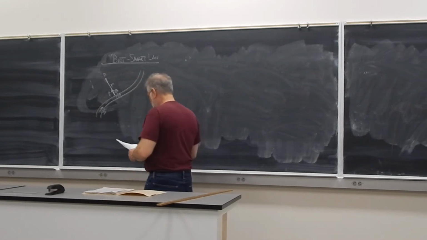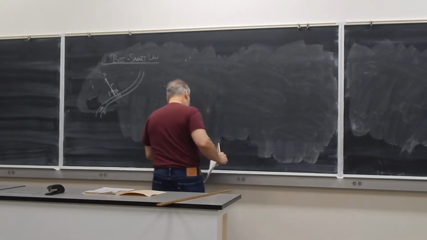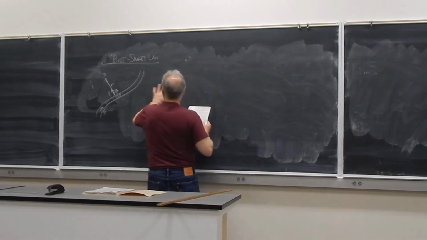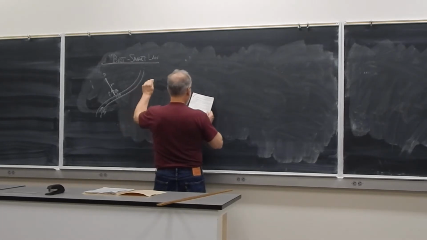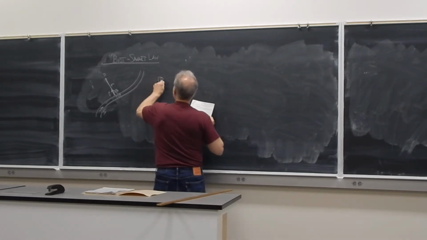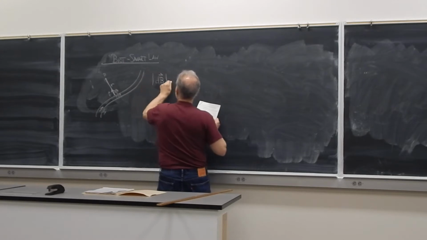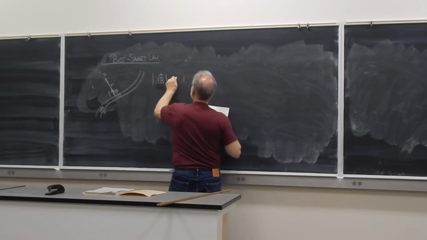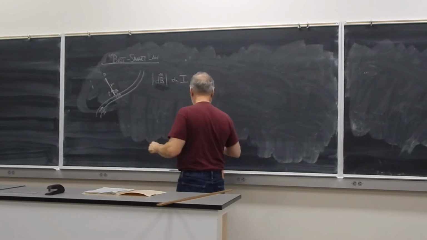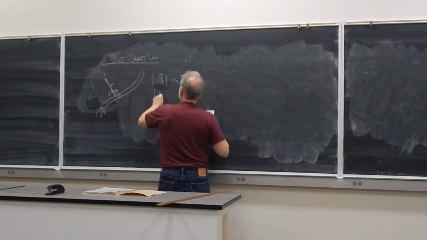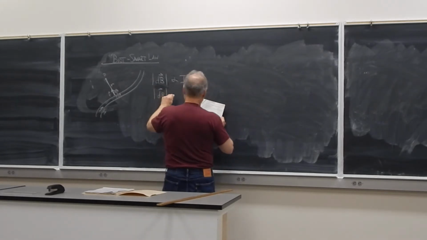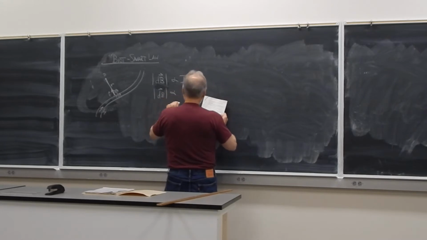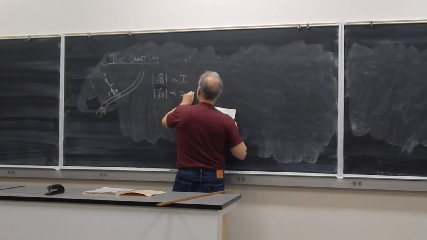First off, if it's a constant current, we found that the magnitude of the magnetic field was proportional to that current. The field was also proportional to the sine of the angle.